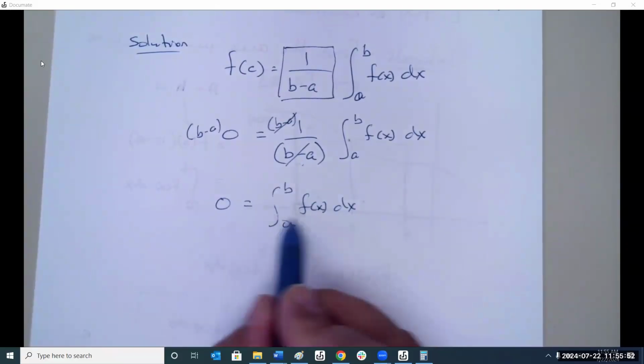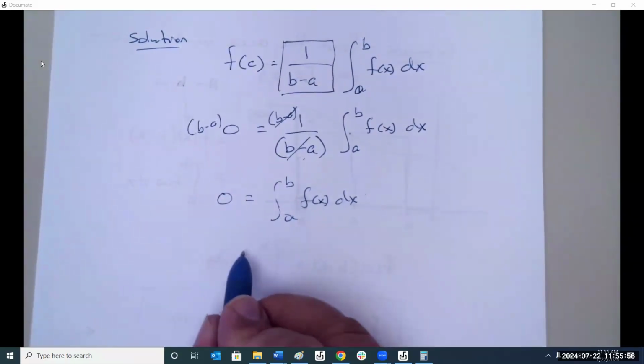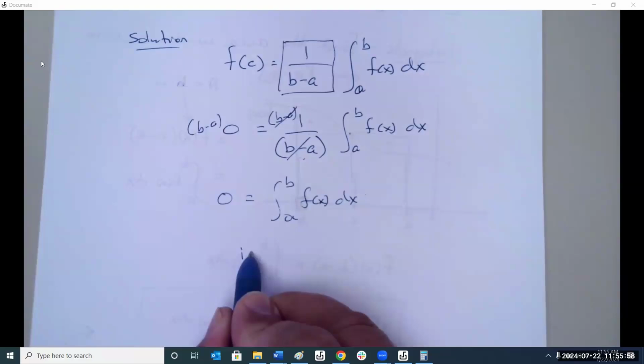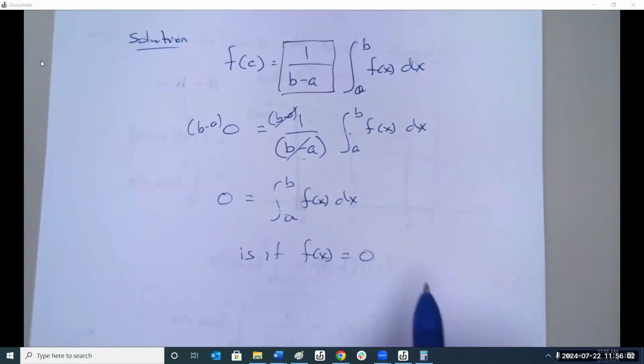And we know that this is true. The only way this could be true is if f of x is equal to 0 at least once for any value inside there.